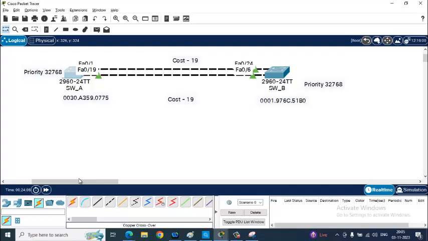Switch B will consider the incoming port cost of each port, 128.24 and 128.6, as seen from its neighbor, switch A. 128.6 is smaller, so it will prefer 128.6 as the root port.